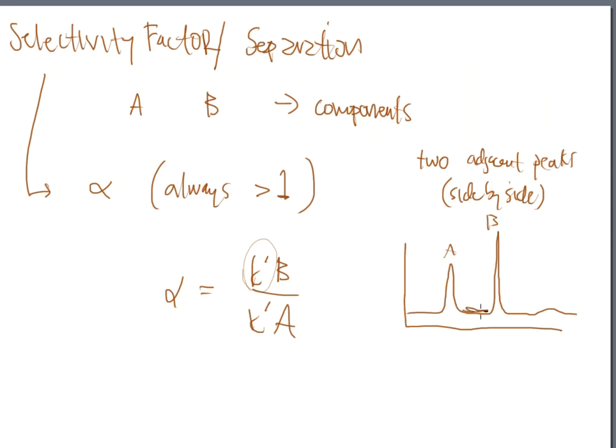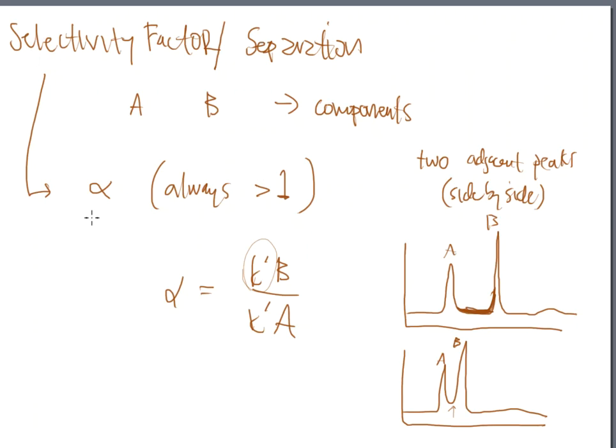We should see a baseline down here at the very bottom, and that should go all the way flat before our next component comes up, in this case B. If I get a chromatogram that looks like this, where A and B are not really separated, then the column and the instrument are not selective for those components. That means we've got some work to do in chromatography to get these two things separated from each other.